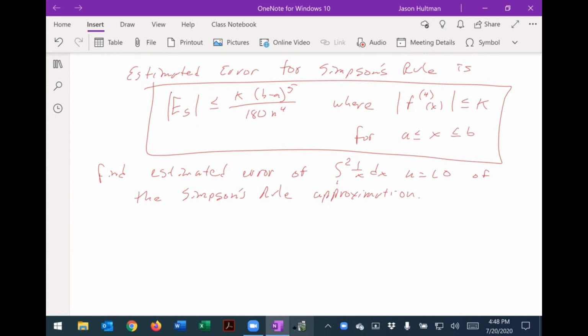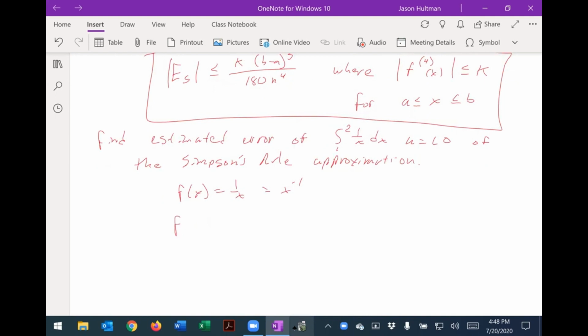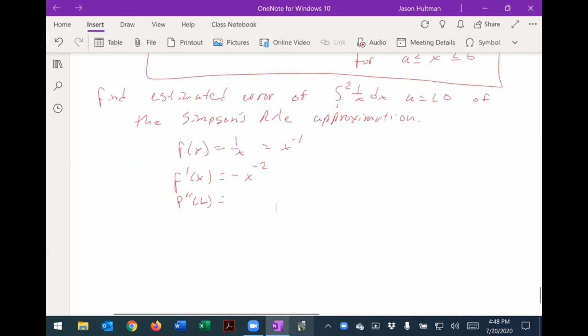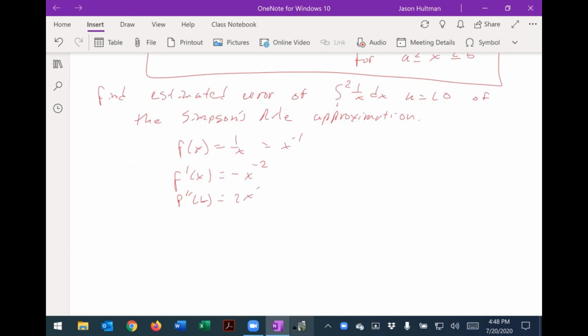So f of x is equal to 1 over x, which is x to the negative 1 power. I want to take 4 derivatives of this. f prime of x is negative x to the negative 2. f double prime of x is 2x to the negative 3. f triple prime of x is negative 6x to the negative 4.